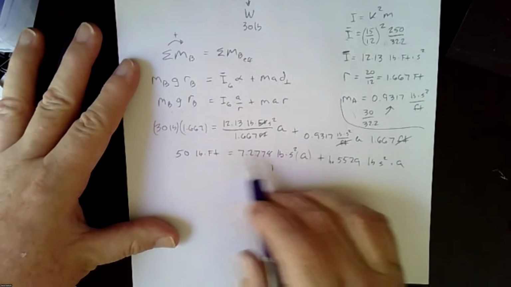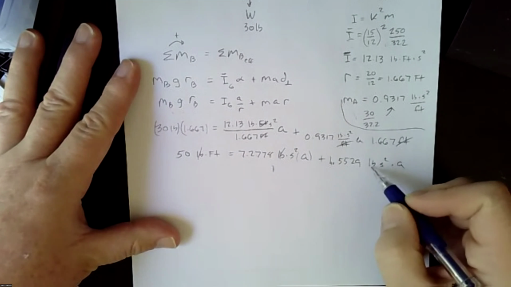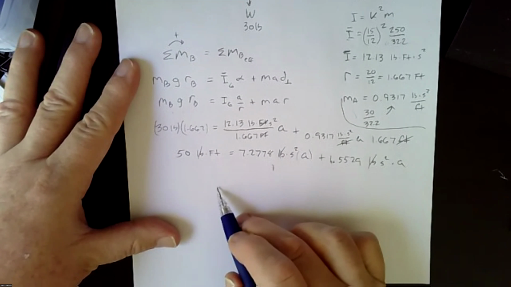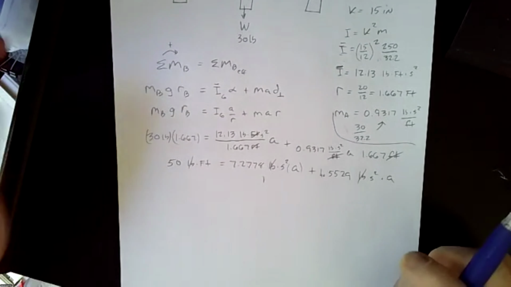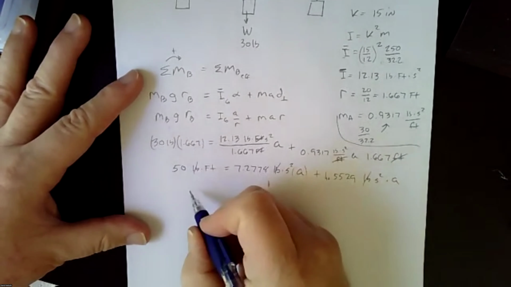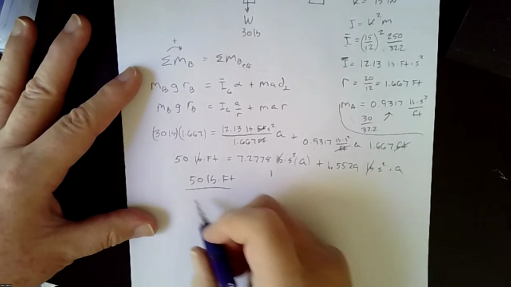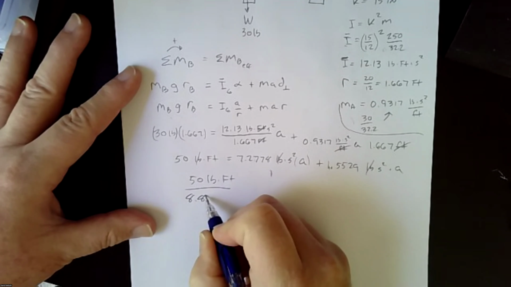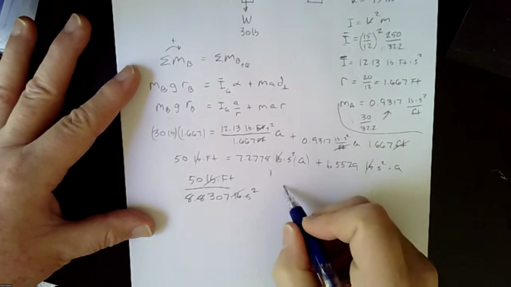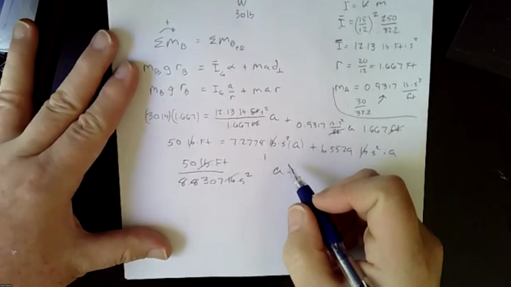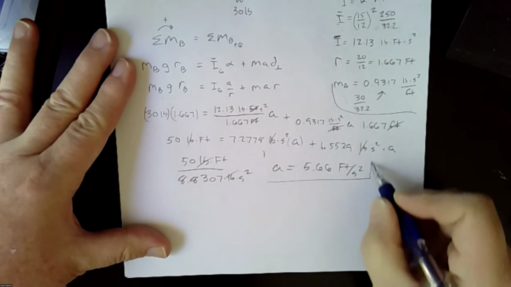So you can see that if I divide, the pounds all cancel, and my units end up feet per second squared. So it would have worked out fine, but every so often it's good to go back because if the units don't work, then obviously there's a mistake somewhere. So I end up with 50 pound feet all divided by 8.8307 pound second squared. And so acceleration is given as 5.66 feet per second squared. Okay.